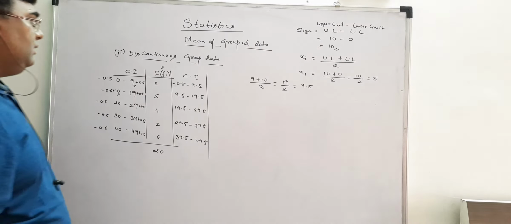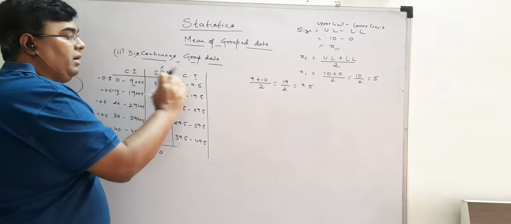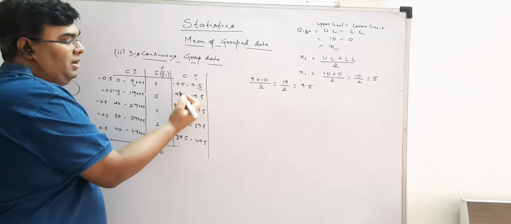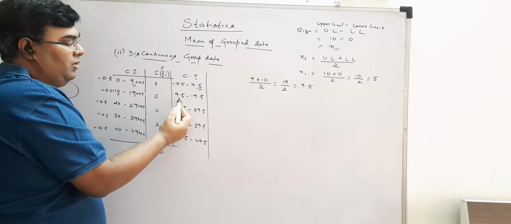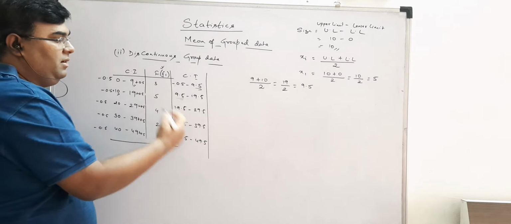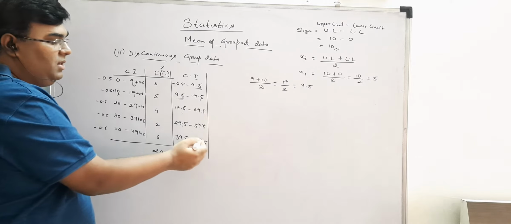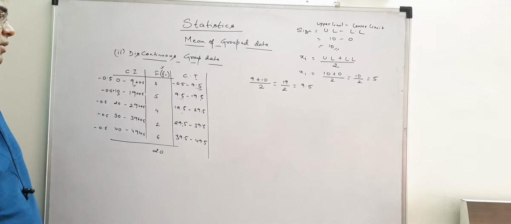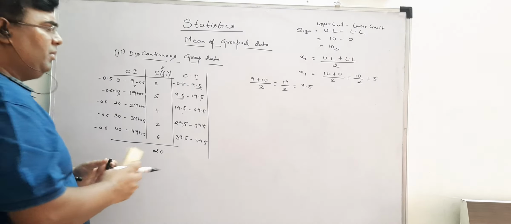Now we have made this class interval continuous. The upper limit of each interval is equal to the lower limit of the next interval. All the intervals are back in place. Now we will proceed in a similar manner.